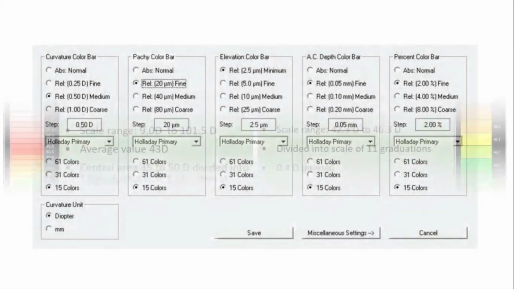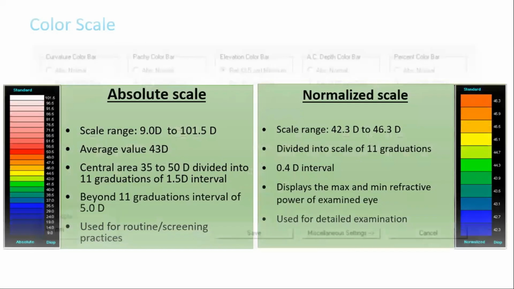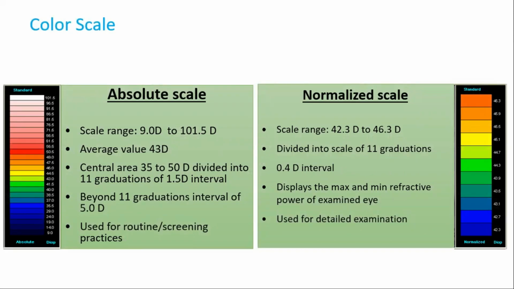Generally, absolute scale is used for screening purposes, and relative or normalized scale is used for detailed examination. So in our quad map, pachymetry and axial map are generally kept on absolute scale, and elevation maps are kept on relative scale.